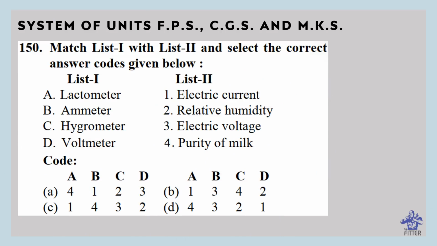Again matching the following. Lactometer, that is for purity of milk. Ammeter, electric current. Hygrometer, humidity. Voltmeter, potential, that is voltage. So 3, 4, 1, 2, option A.